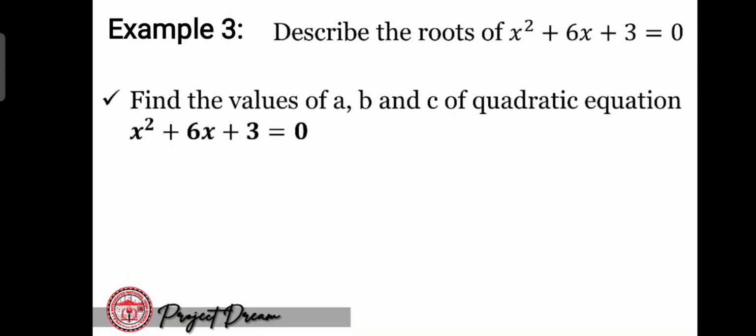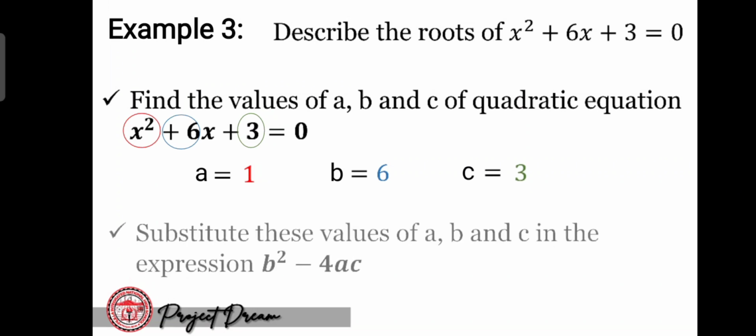So, let us now find the values of a, b, and c. We have a is equal to positive 1, b is equal to positive 6, c is equal to positive 3.